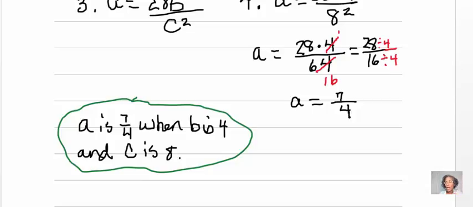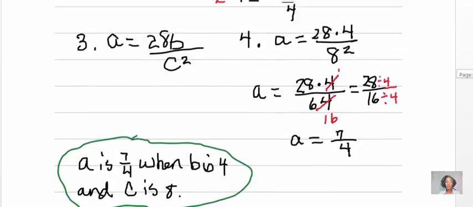And on a problem where one of your expressions is not merely a variable, but maybe the square root of a variable, a square of a variable or a cube of a variable, you do have to remember to carry that out whenever you're working with your formula. That's why the steps are so helpful.